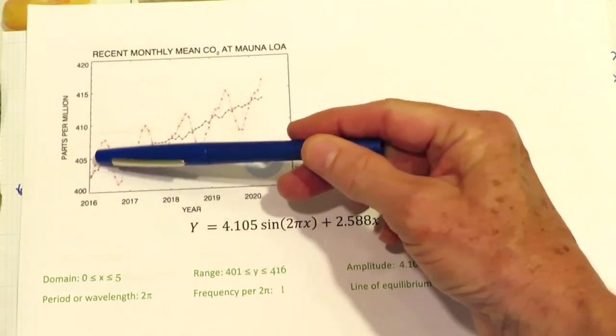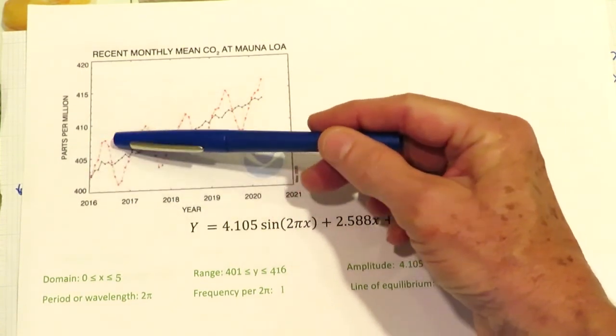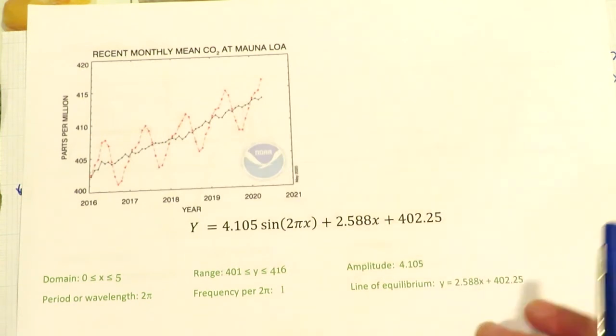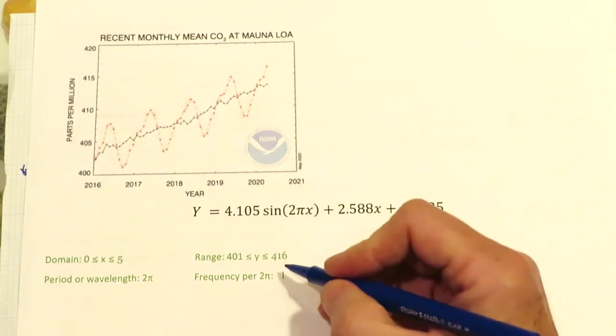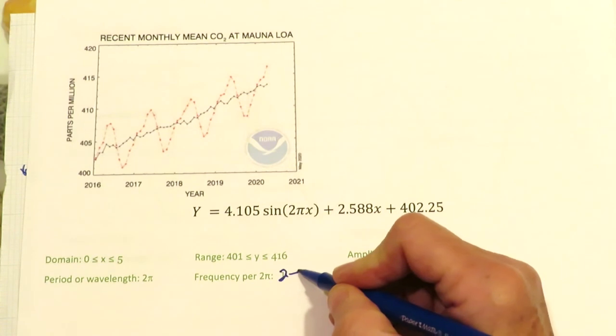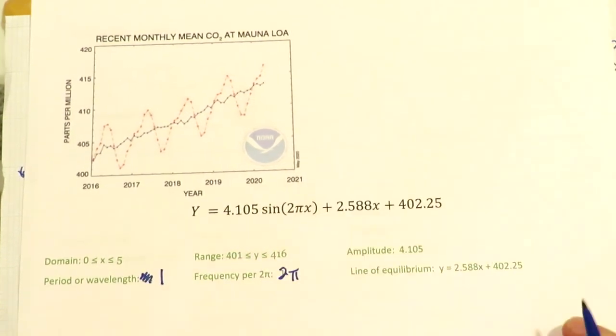Then you're getting a wave every year. So every year you get one wave. So the frequency per 2 pi is 2 pi, and the wavelength is 1.